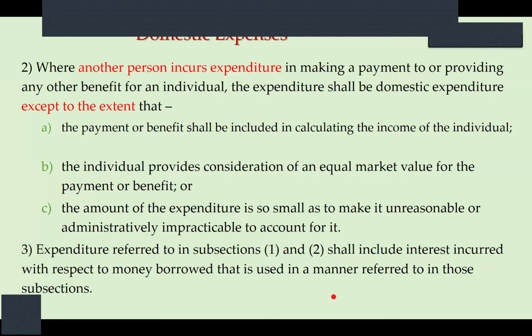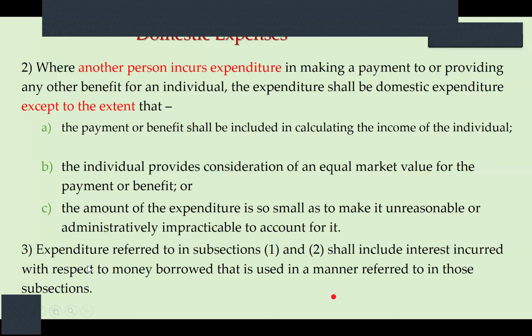So it is very difficult to ascertain that specific employee's benefit because it is not reasonable. The next example I gave is traveling, group transport. So it is very difficult to ascertain. That is why we are saying it like this: the amount of the expenditure is so small as to make it unreasonable or administratively impracticable to account for it. Then this person is entitled to deduct it as a deduction.